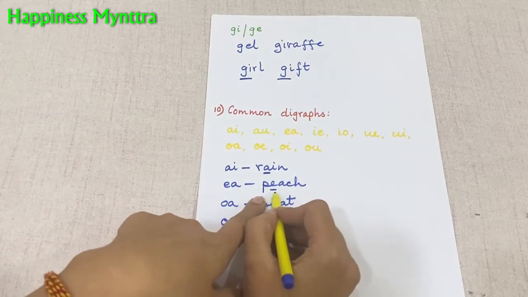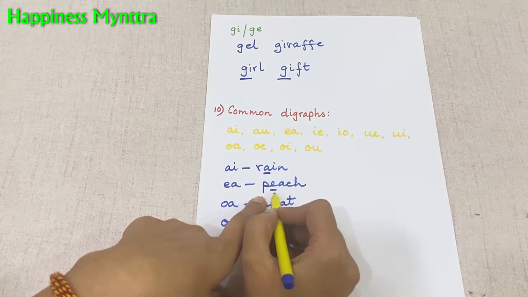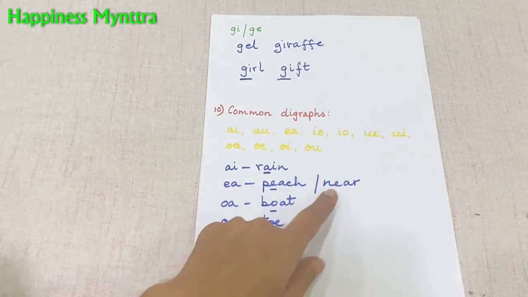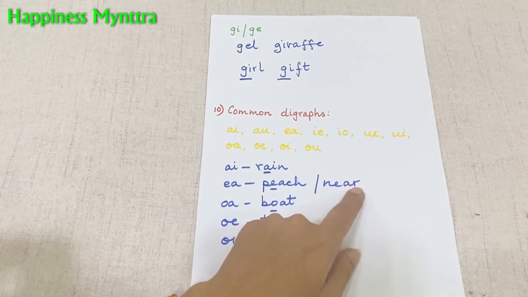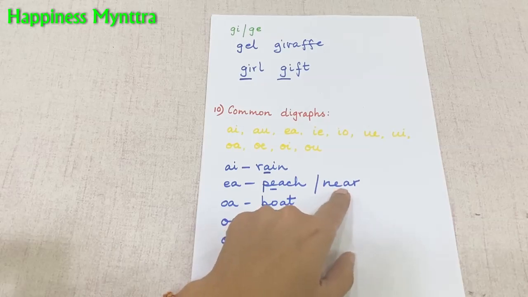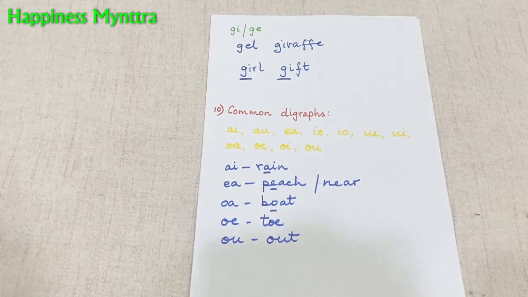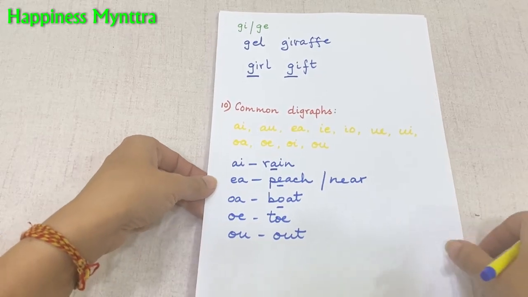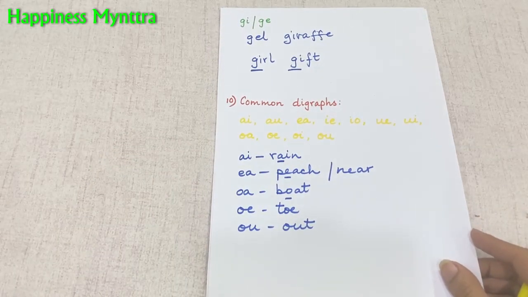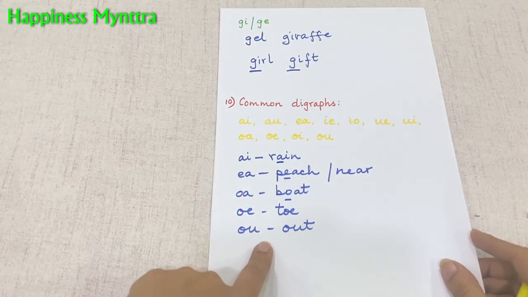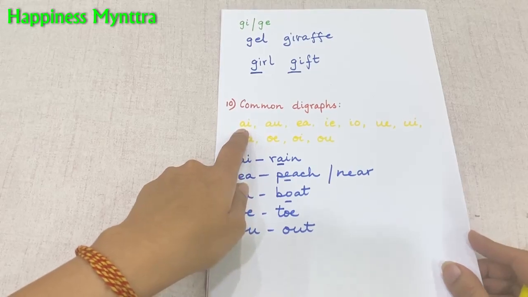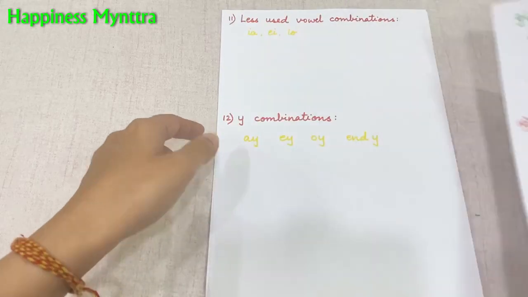So here the other rule which I just spoke about applies, but in this same case we can have a word like near. So this gets ruled by the Bossy R rule, so it is EA together. So near is how we pronounce it. Again, the more they read, the more familiar they'll get with these concepts. But to begin with, the concept that when the two vowels are together, it's the first vowel which they need to pronounce.